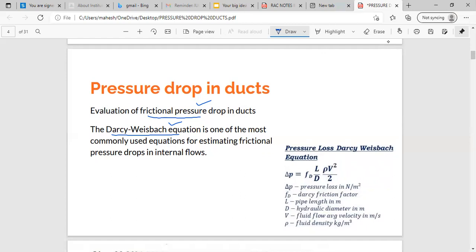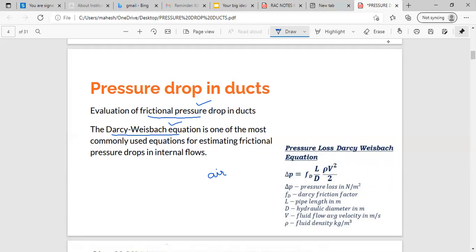Rho is the density of the fluid, in this case air density, and V is the velocity in meters per second, in this case the air velocity.